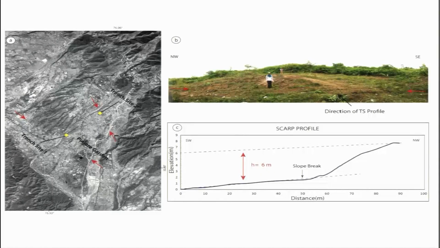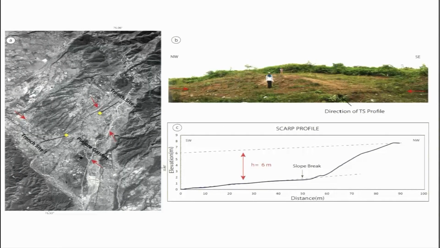We use this ortho-corrected image with stereo vision capability, so that we see the terrain in 3 dimensions. That helps us in identifying the deformation which is preserved on the surface, and young landforms that have been displaced.